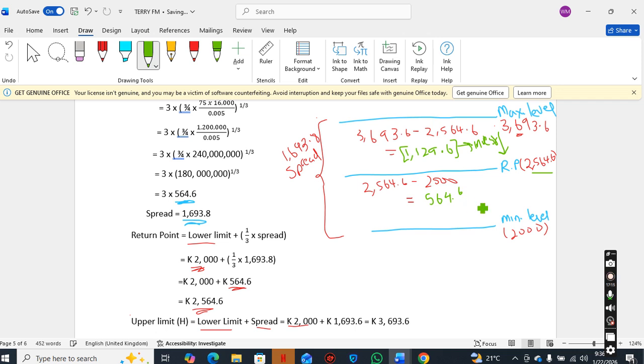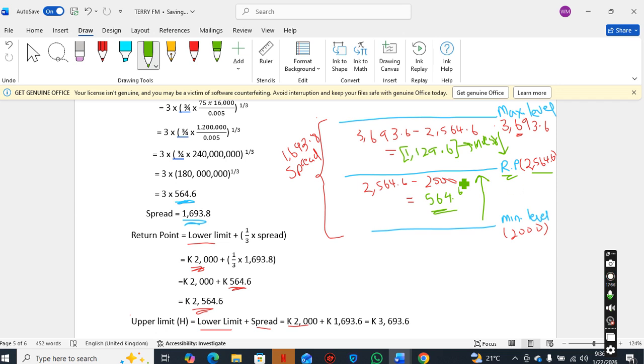So if your money reaches 2,000 here, then you're going to need to recoup this 564.6 by selling those marketable securities, so that you return back to this amount here. If your money reaches 2,000, those marketable securities that you had, sell them so that you can raise 564.6, so that you return back to 2,564.6.